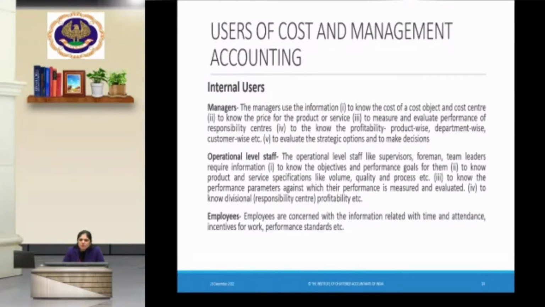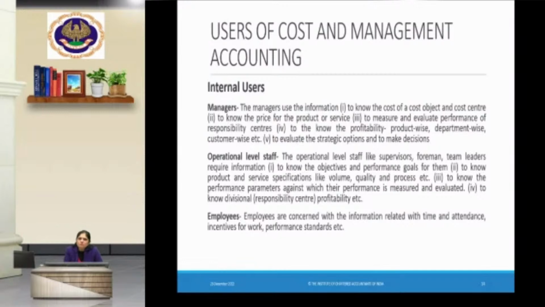Team leaders require information. What do they require? To know the objectives and performance goals for them. Let us say there is a manager of a particular department. Now that manager is going to tell all the operational staff who are basically helping in the production of that department, okay, this is your performance objective, this is your performance standard, and you have to achieve this.